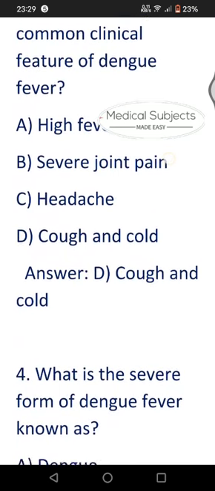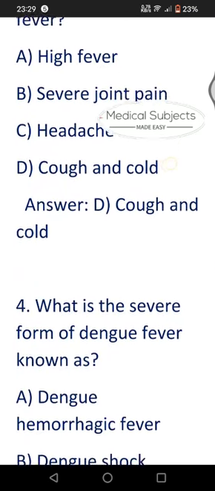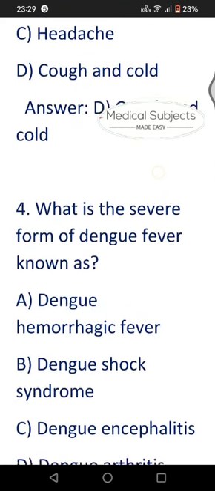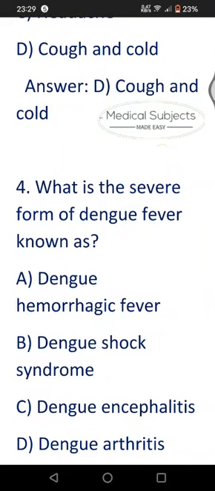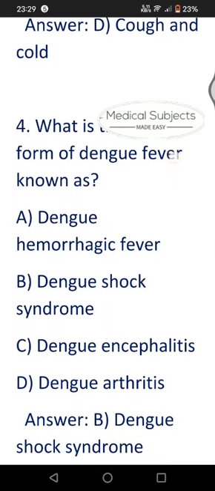What is the severe form of dengue fever known as? DHF, dengue hemorrhagic fever, dengue shock syndrome, dengue encephalitis, and dengue arthritis. So it is DSS, or dengue shock syndrome.